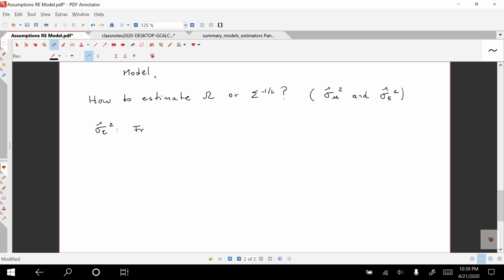To do that, you can first use the fixed effects estimator, from the fixed effects regression of y it minus y i bar on x it minus x i bar.